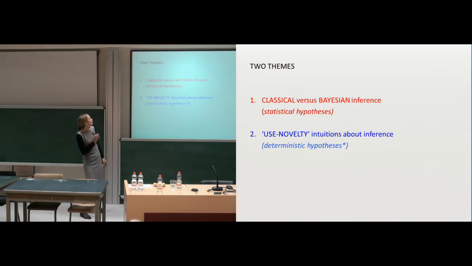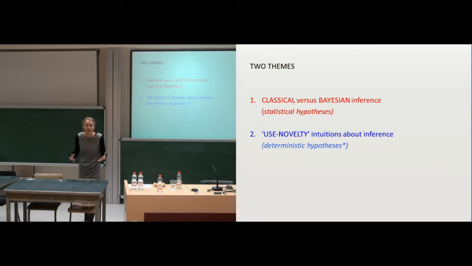So there are two themes that I'm interested in here. The first one is a general interest that I have in the difference between classical and Bayesian inference. Inference is about relations between hypotheses and evidence: the extent to which we think some evidence confirms or disconfirms a hypothesis, what we should think about the hypothesis after we've learned some evidence, how confident we should be in hypotheses.